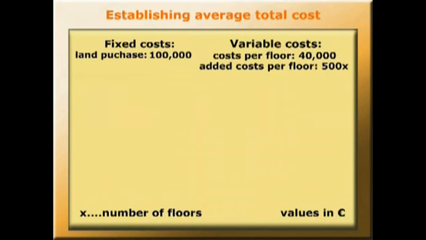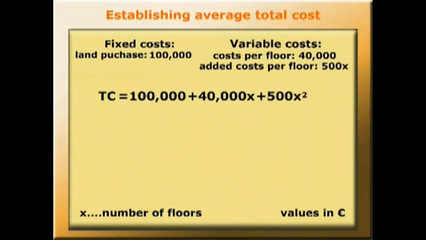So now let's establish the average total cost curve. Total costs are 100,000 plus 40,000x plus 500x squared.